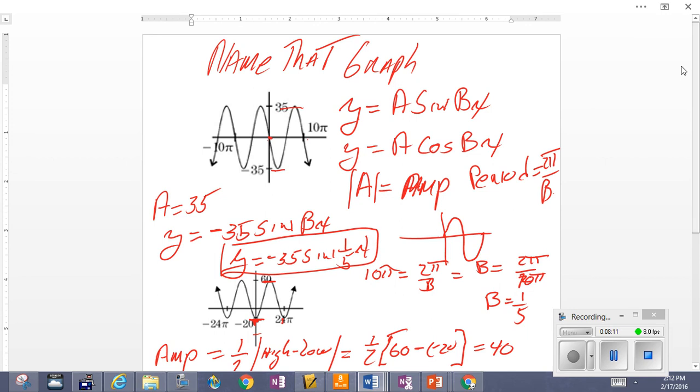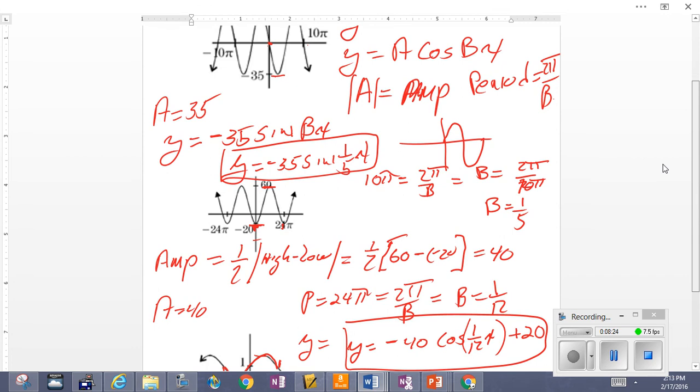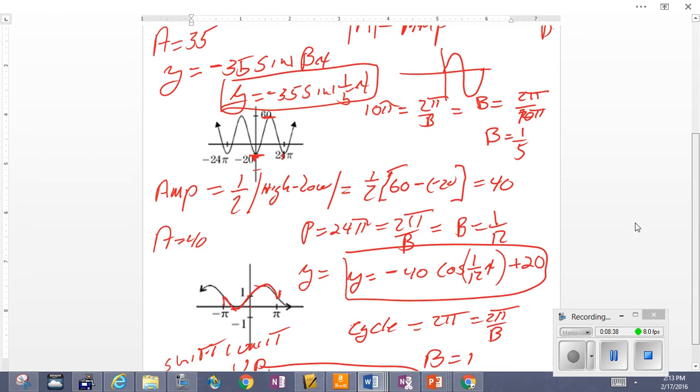So what we've got here is this first graph, whose name is negative 35 sine of 1/5 x. The next graph is a variation on the cosine, which has been flipped over and translated upward with a period adjustment, giving the graph the name negative 40 cosine of 1/12 x plus 20.